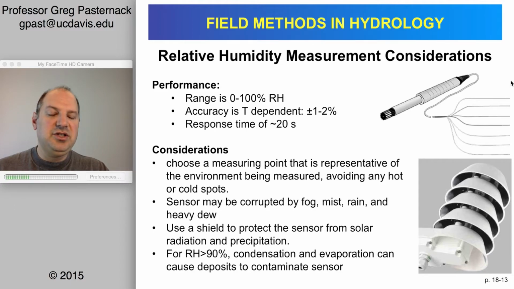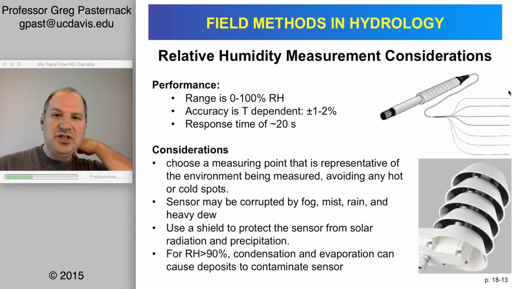Another thing is, because we're measuring a gradient, you have to be mindful about where you're putting this. You have to put it in a place that's representative of the ambient conditions. Think about the wind patterns, the temperature patterns, and the solar radiation. Basically, be mindful in the siting of it.